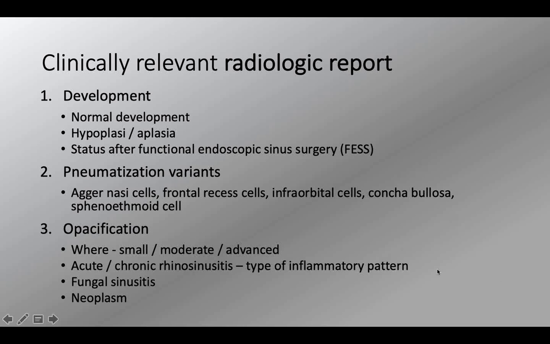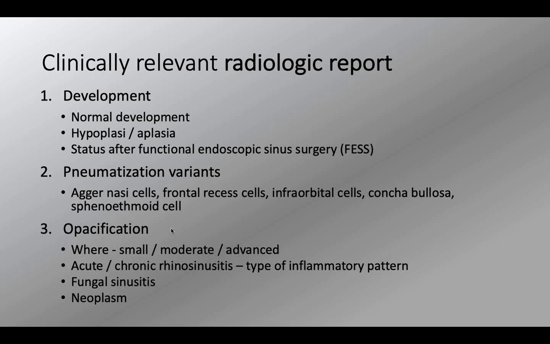And opacification, if it's small mucosal thickening, we can say it's just normal. Don't over-report the nasal cycle, and a big concha media is normal.